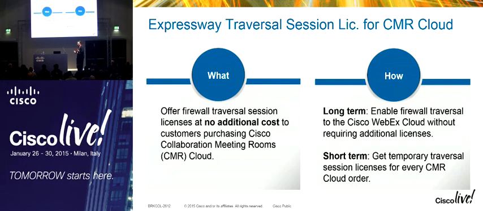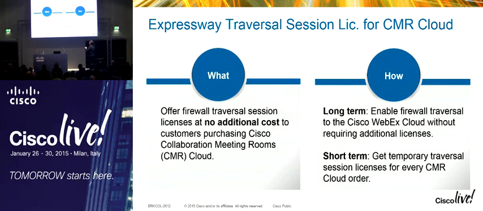So in the likely case in which the infrastructure is Cisco-based, this will be an Expressway license that is consumed. And what we are offering here is licensing for free on the Expressway. So more value for you if you have a Cisco end-to-end solution. Specifically, if you have the Expressway, you will not pay the license to connect into CMR Cloud.